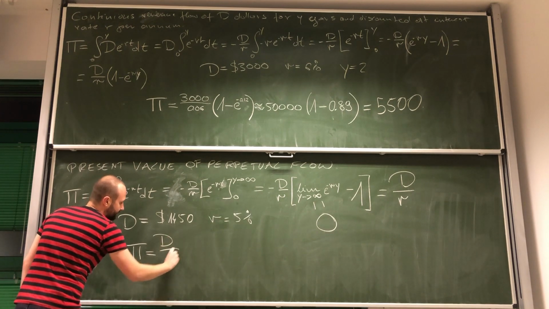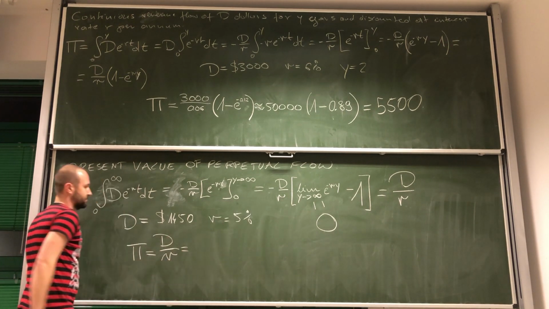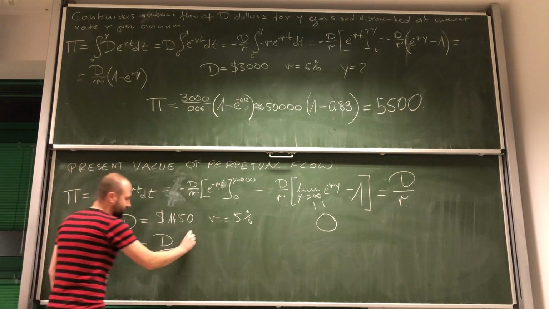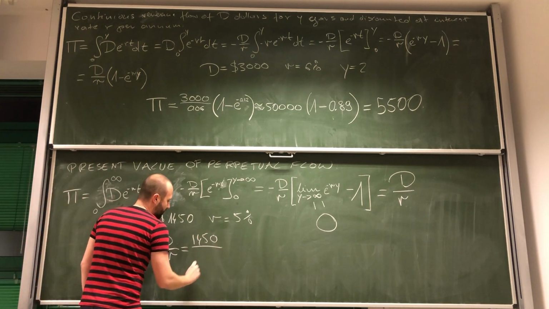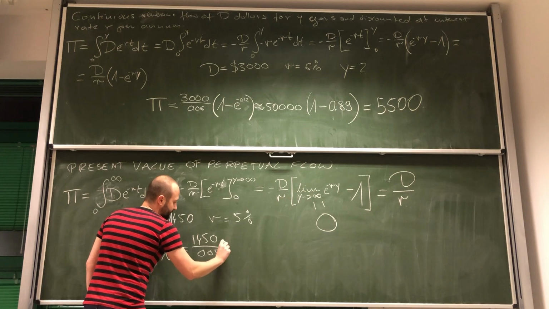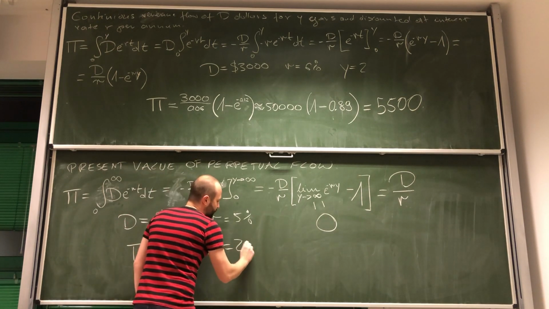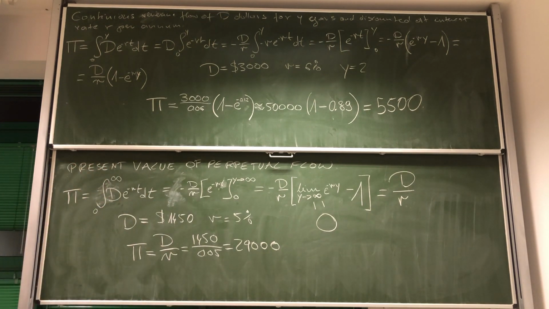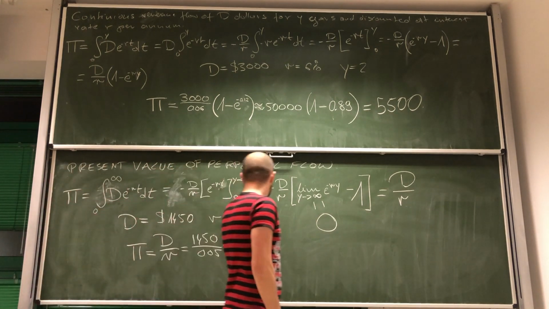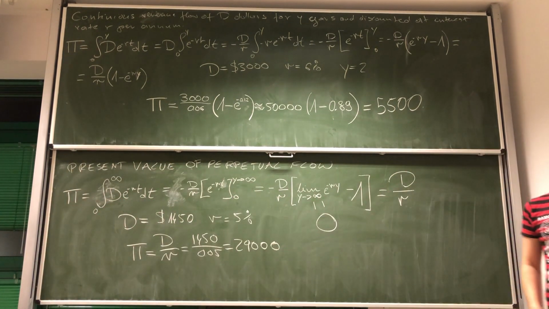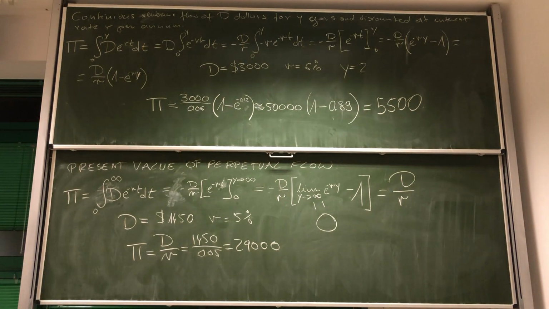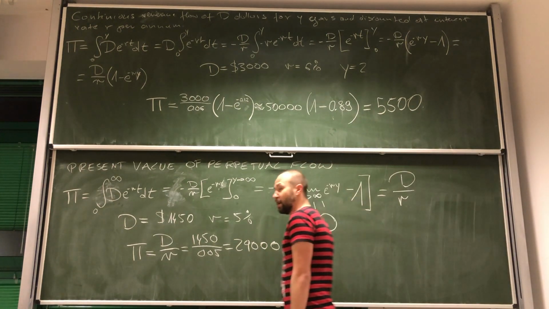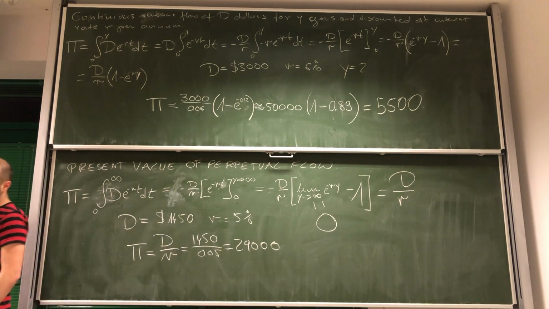We just take D over R. How much is it? Well, this is 1,450 over 0.05, which is equal to exactly $29,000. So you clearly see that if you can sell this land for $30,000, it's going to be a good deal for you. If somebody offers you 25, you should definitely think about it for a little bit longer before you sell it.